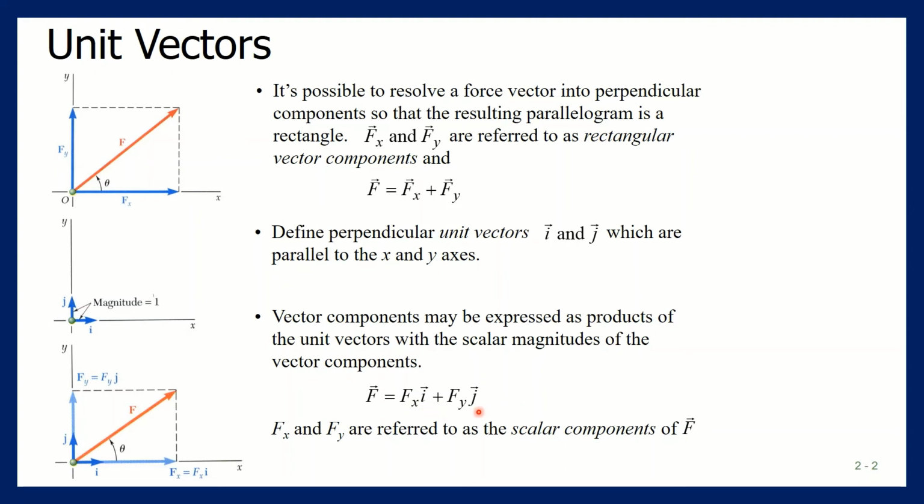Similarly, in the y direction we have Fyj. And these Fx and Fy are the scalar components of F. So they are the magnitudes and this will show the direction. So in this way you can break any force or any vector, whether it is displacement vector, force vector or any other vector, into the components.